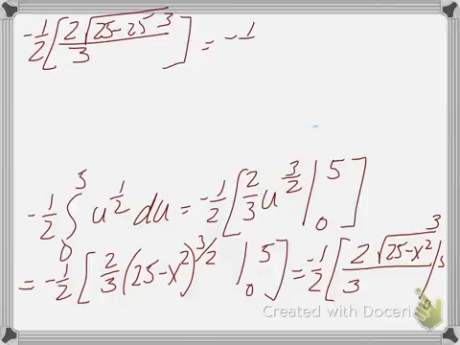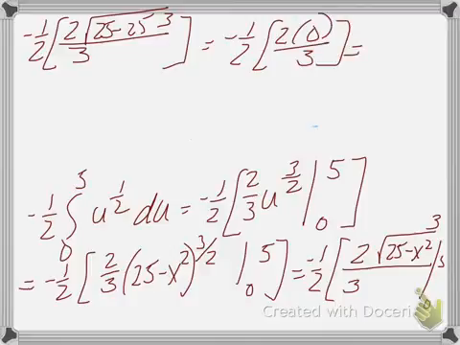We're going to get negative 1/2 times 2 times 0 over 3, and this is going to give us 0. They are tricky little devils because of course it's going to be 0, the whole thing is going to wipe out. So actually we're going to have no choice but to change this all in terms of u. So this stinks, but we can do it.